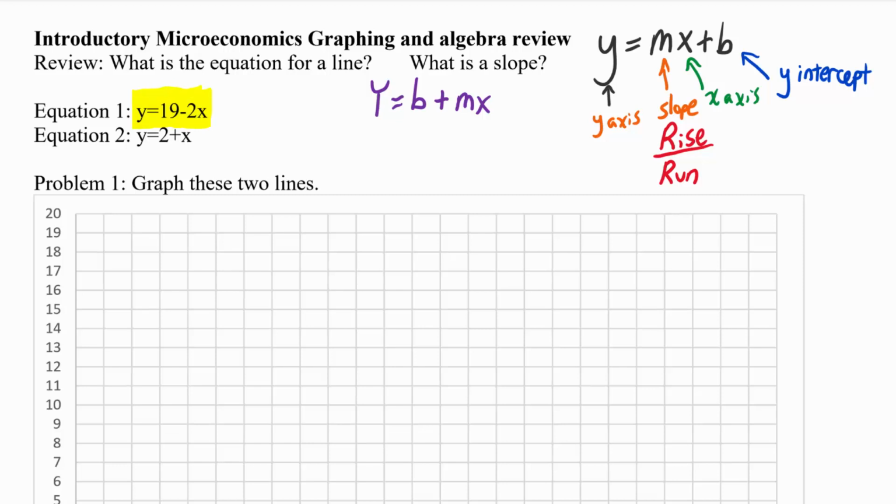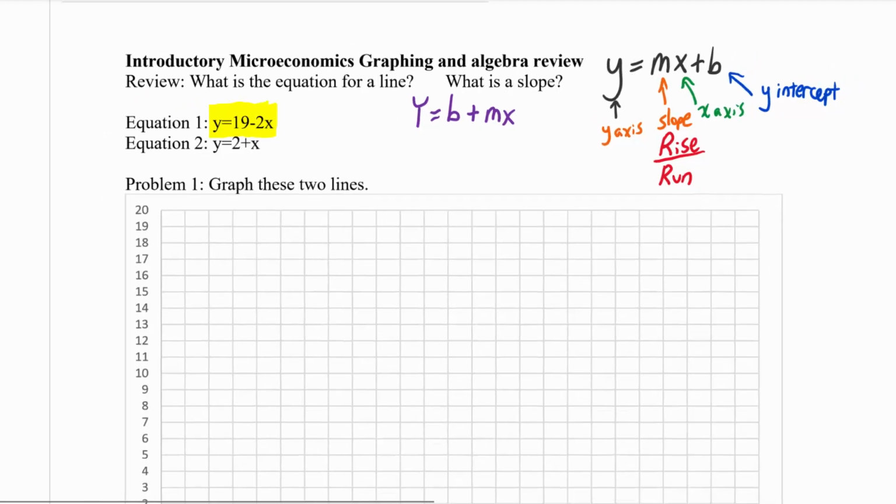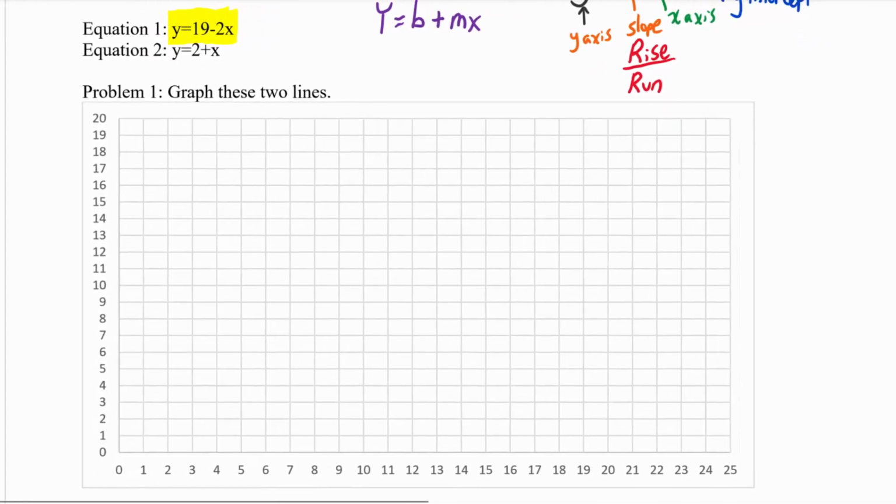Now, let me go ahead and tell you that in most graphs, not all graphs in this class, but in most graphs in this class, what we're going to be putting on the y-axis is actually the price. So let's look at this axis down here. So we're usually going to be putting price on the y-axis, and we're usually going to be putting the quantity of something on the x-axis. How many of something are we producing, or how many of something are we buying or selling?